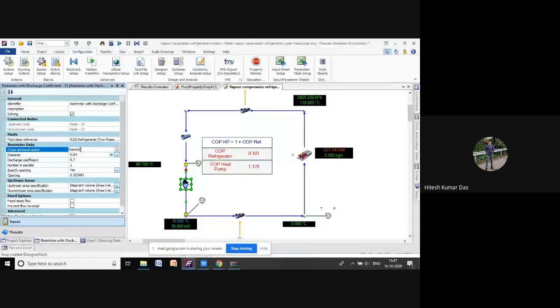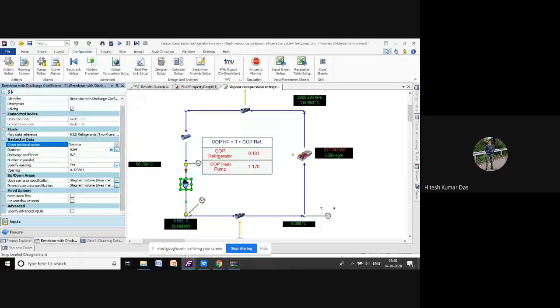As the diameter option is there, you can write your own diameter as 0.05 meter, and discharge coefficient is 0.7, means it's 70% open. Next, parallel means only one tube, one flow path is there, so number of parallel is 1.